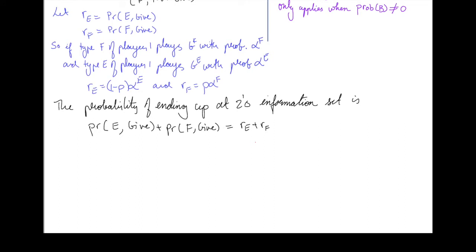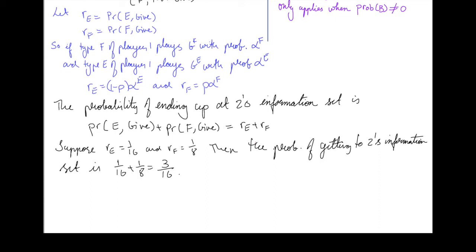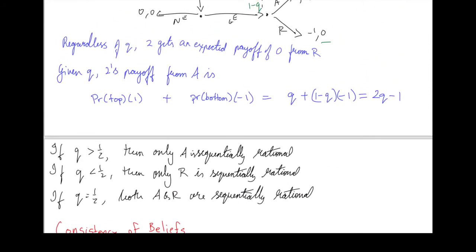So let's work through a bit of an example here. Suppose RE were a 16th and RF were an 8th, then the probability of ending up at player 2's information set, so the probability of either E give or F give, is 3 over 16. However, conditional on arriving at that information set, what's the probability that you're at the top node versus the lower node? Let me go back to that picture again.